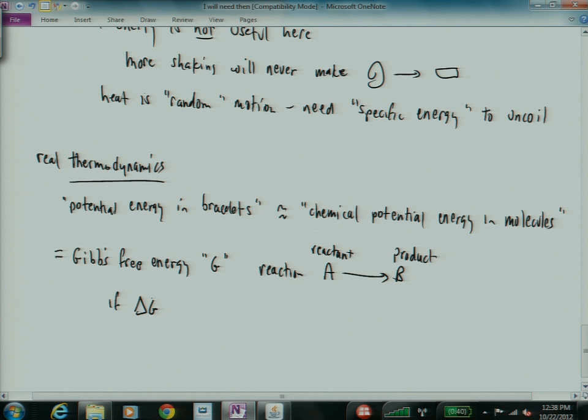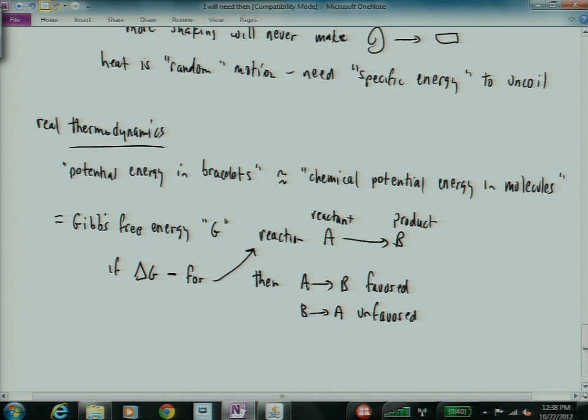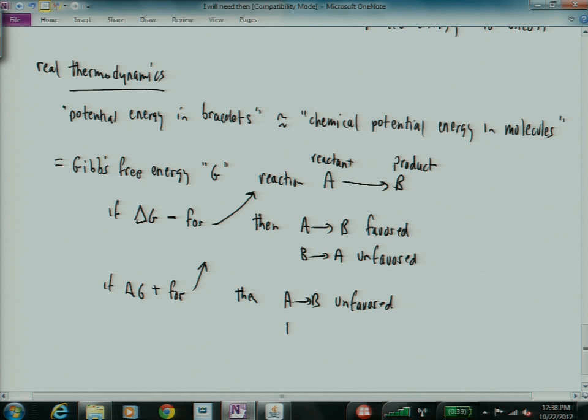So we'd say the snapping of the snap bracelet has a negative delta G. If delta G is positive for that reaction, then A to B is unfavored, and the reverse is true, that B to A is favored.